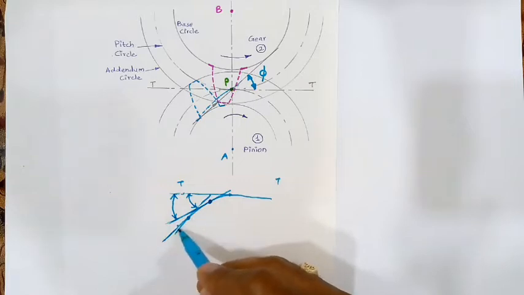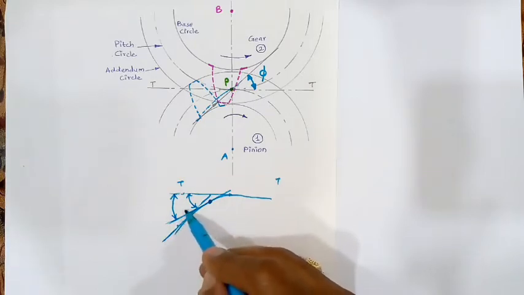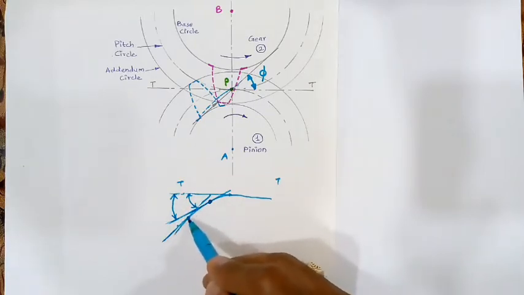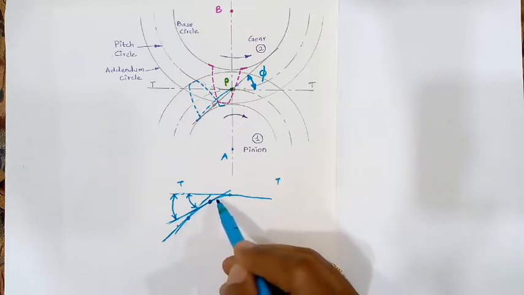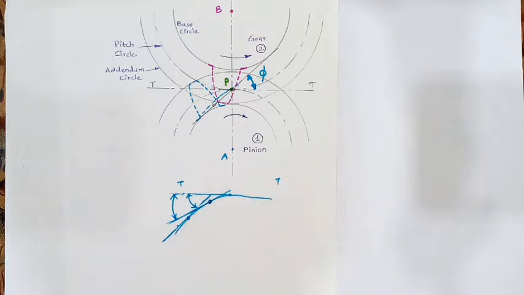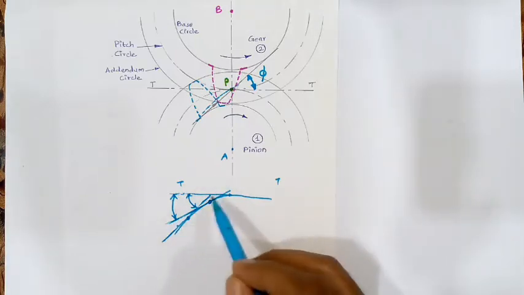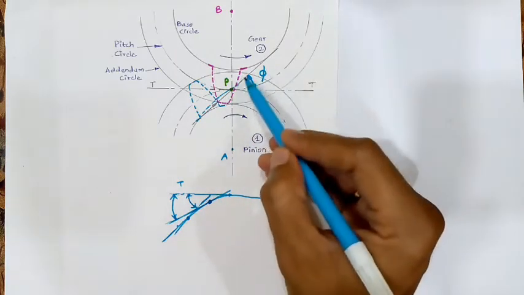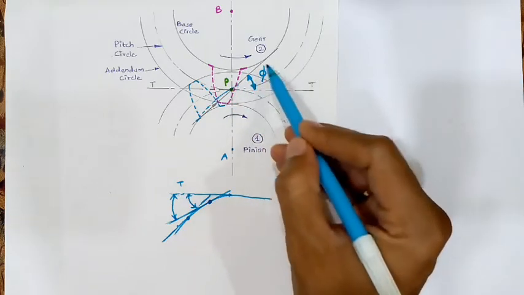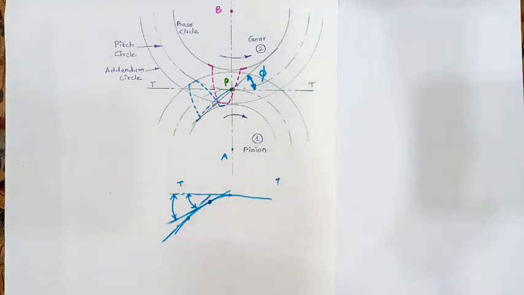The angle goes on changing as I change the position of the point. Hence in case of cycloidal tooth profile, the value of phi is changing, whereas in case of involute profile, the value of phi is constant.